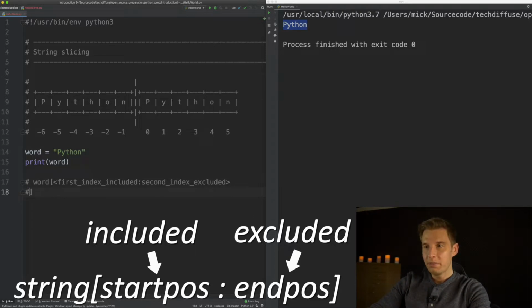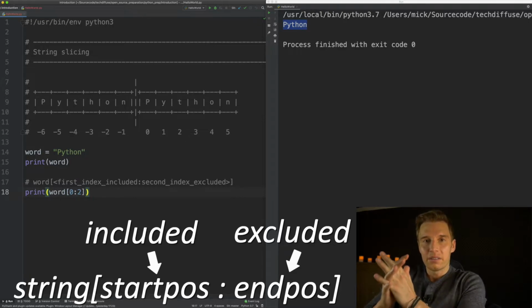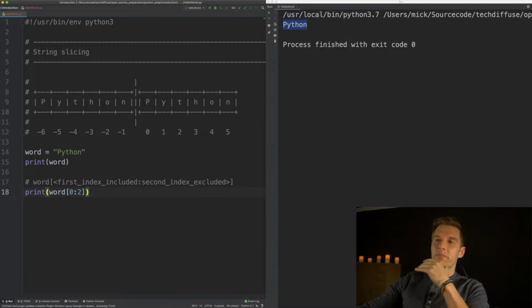Okay, what do I mean by that? We make an example. We make a print statement, we write our word, we make those brackets, and we say we go from 0 to 2. So before I hit compile, let's think about it for a moment.